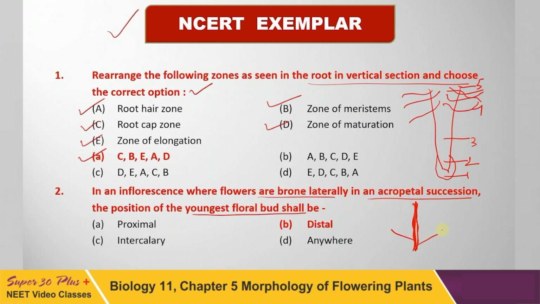Acropetal succession means the oldest and the largest flower will be towards the proximal end, because this is the plant we have, these are the leaves, and as we go towards the tip, the size of the flower will decrease. So he is asking about the youngest floral bud. This is the youngest floral bud that will be away from the plant. Its position will be the distal one. Is it right? Am I clear?